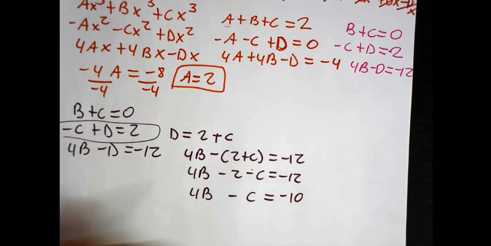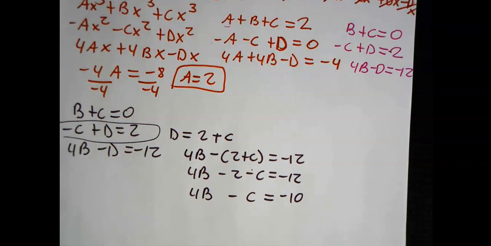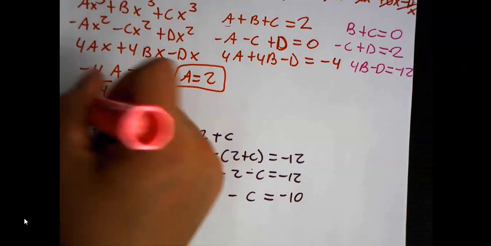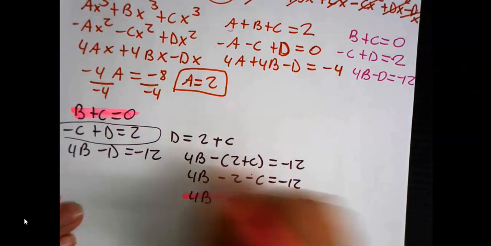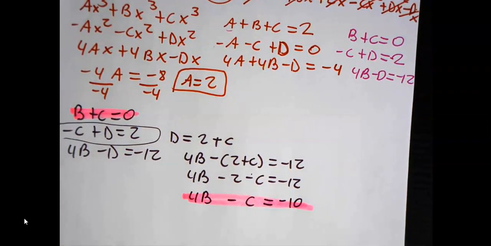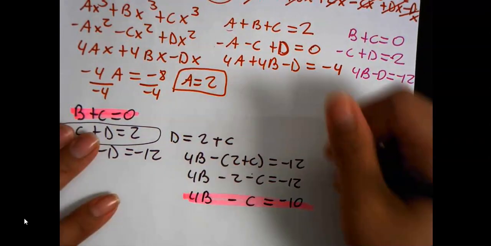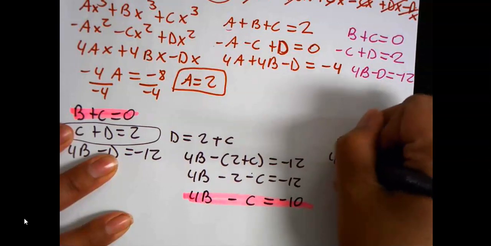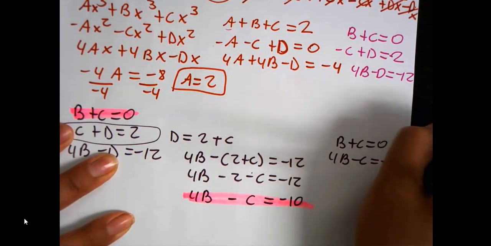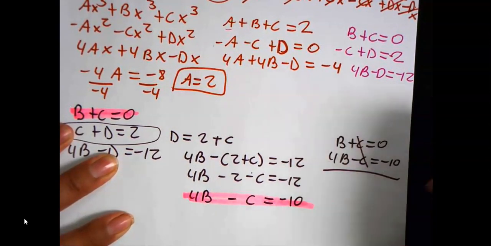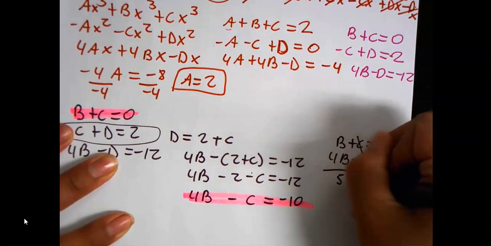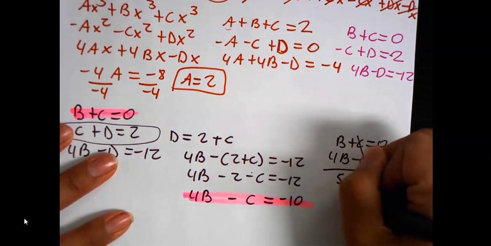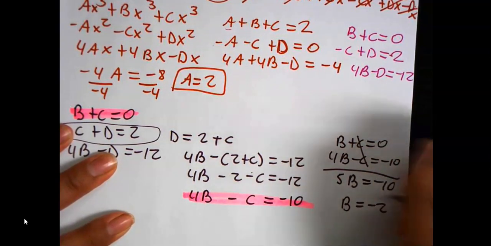From here, I'm going to get my top equation and this middle equation, and I'm going to align them. 4B minus C equals negative 10. Those two cancel. 5B equals negative 10. Divide by 5. I get B to be negative 2.